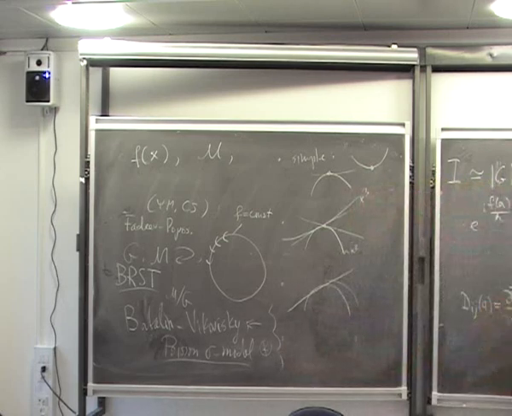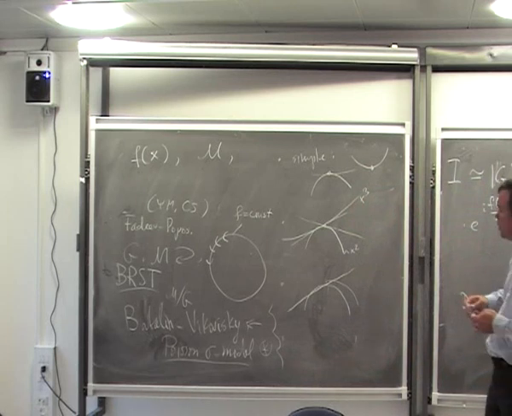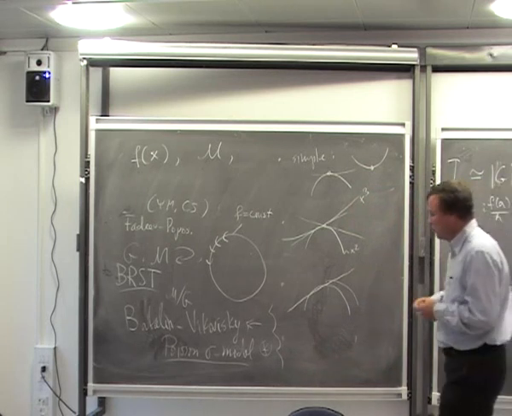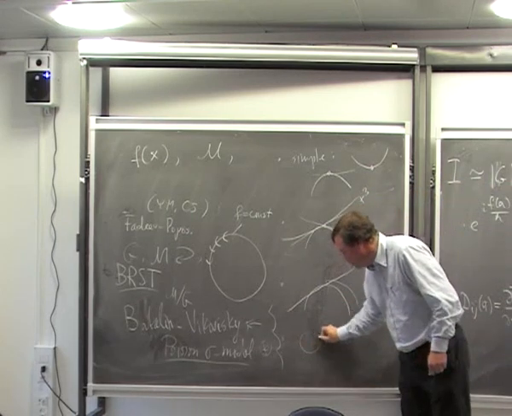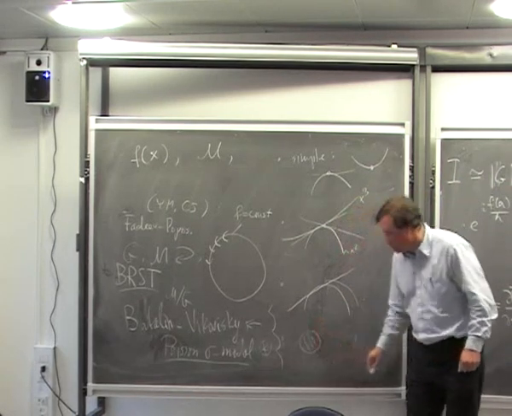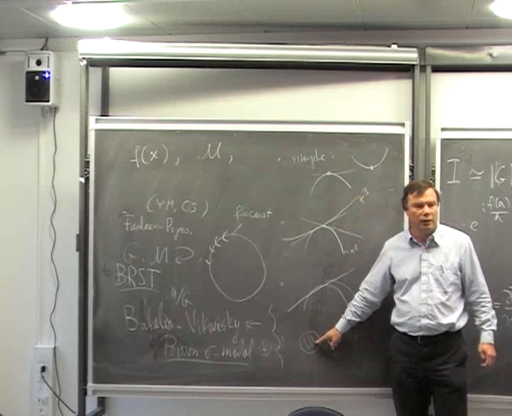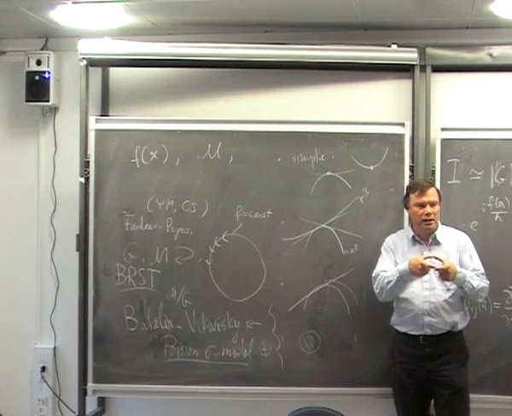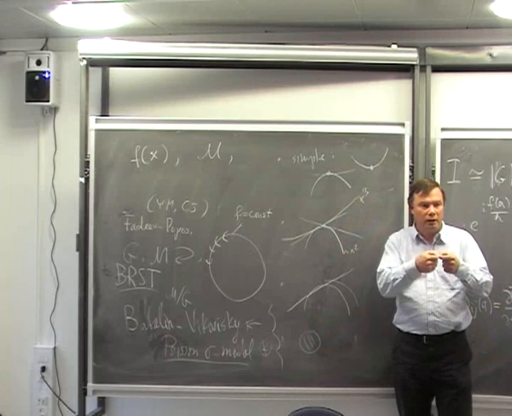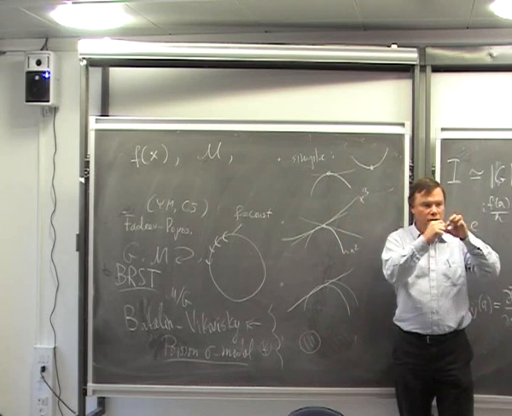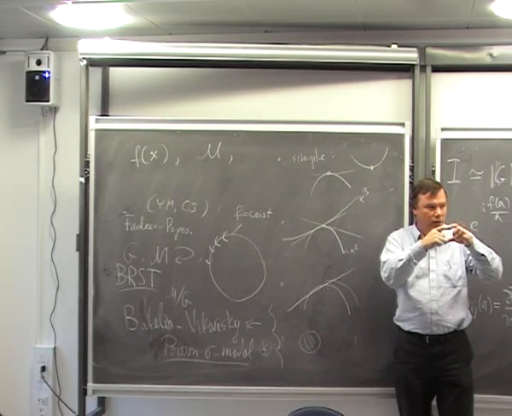Maybe I'll say at the end a few words about this. The main problem there is that, as it is now, it works fine for disks, when space-times are disks, and when you glue two disks together, it's homeomorphic to a disk again.